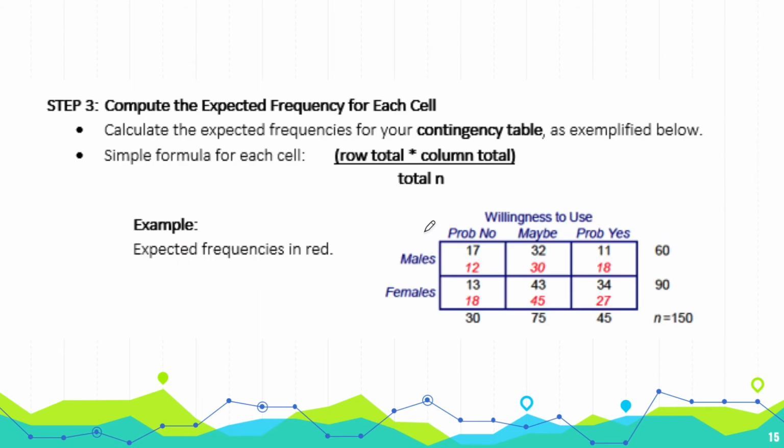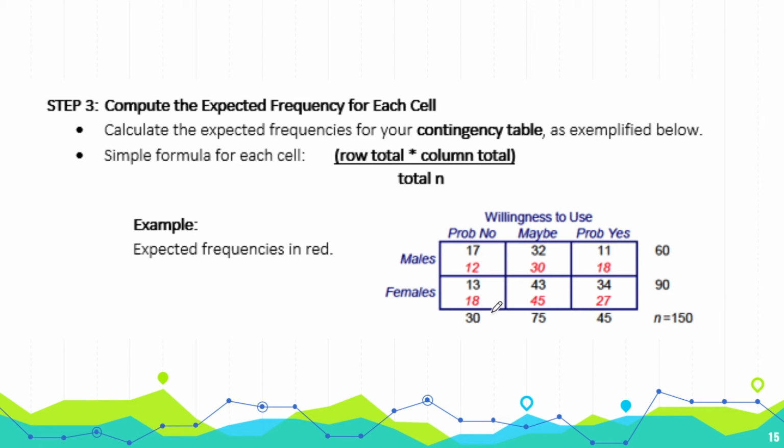Next, you want to compute the expected frequency for each cell. So you have your contingency table here, and you will calculate for each cell by using this simple formula. Start in your first cell. You want to take the row total, which is 60, times the column total, which is 30, and divide that product by your total n.